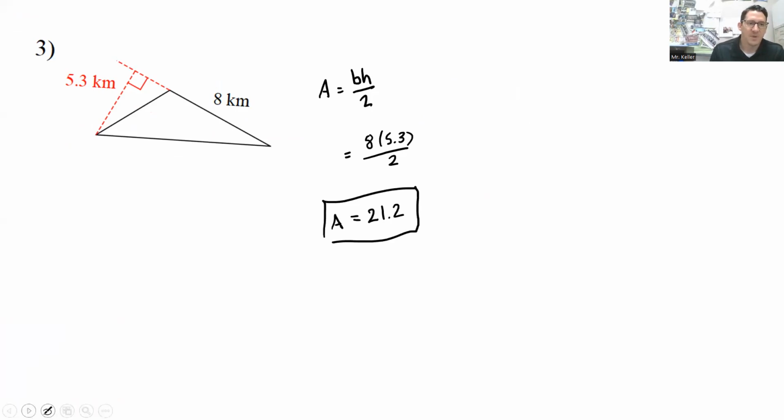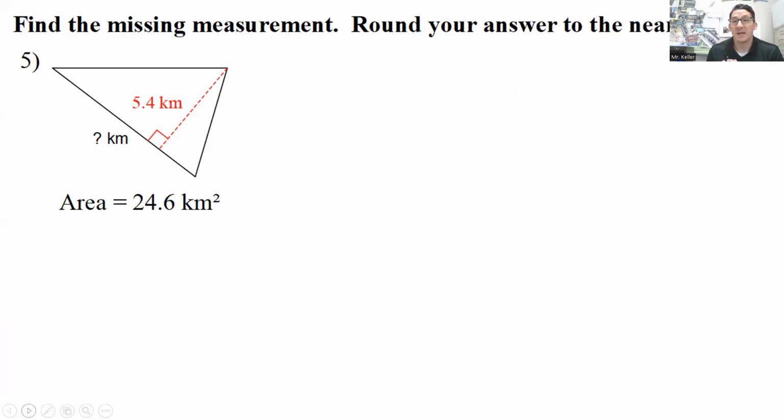All right, moving on. Here we are given the area. So we have the area, and now we are trying to find the base. So we have the base here. This is the height. So we're going to use that same formula. The area is equal to the base times height divided by 2.